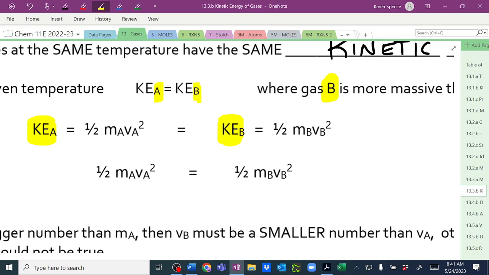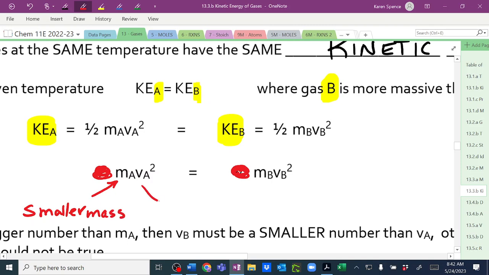We can get rid of the, actually I should have even gotten rid of the half, right? We don't need a half in the second one, right? Because that cancels out because it's on both sides. So M_A V_A squared equals M_B V_B squared. So if A has a smaller mass, the velocity must be greater.